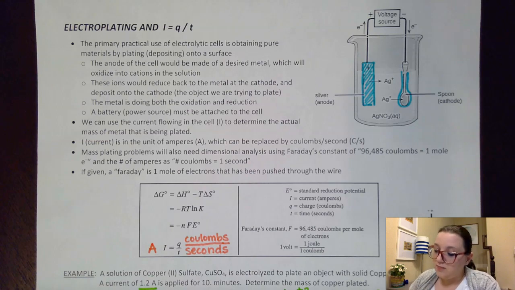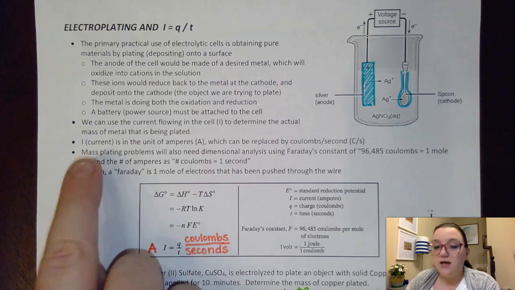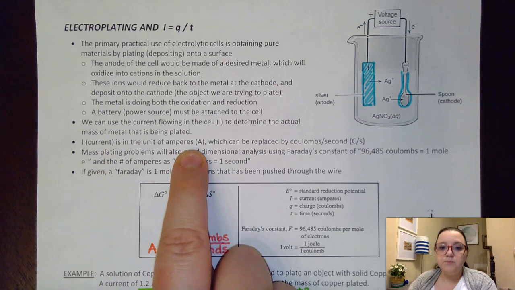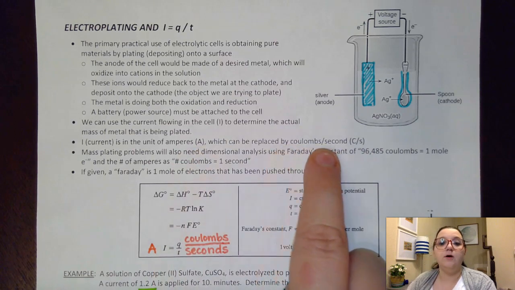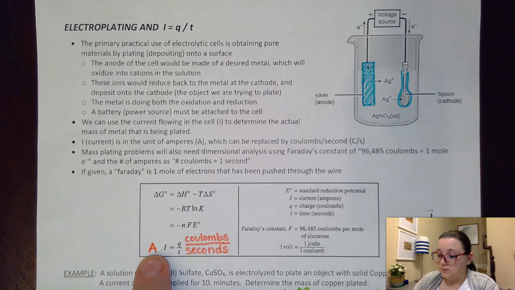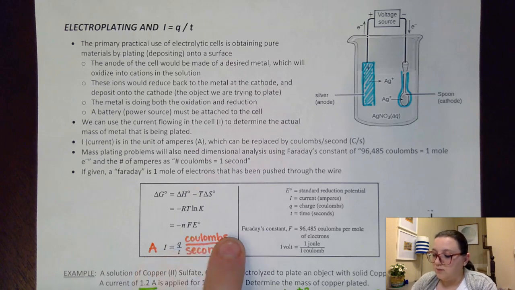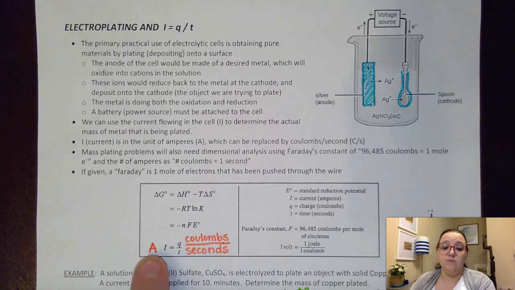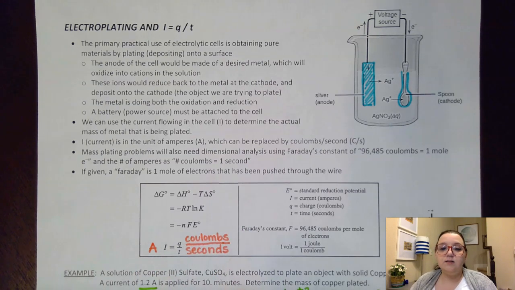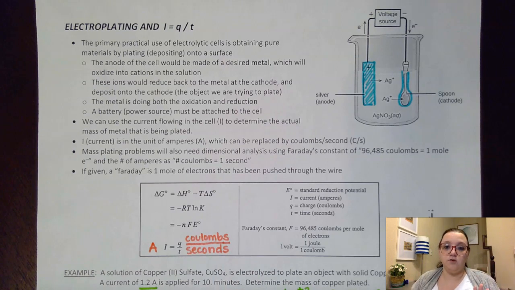Okay, and the way that that would function is that the current is in the unit of amps, but amps can be rewritten as coulombs per second. And you can see I've done that down here. If this current is in amps, Q is coulombs, time is seconds, that would mean that our amps value is equal to coulombs per second. And so again, we're going to use that as a conversion factor.